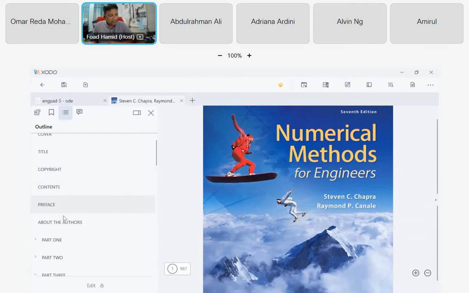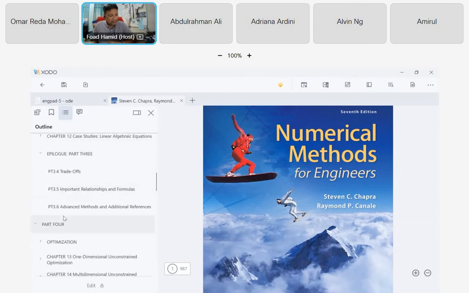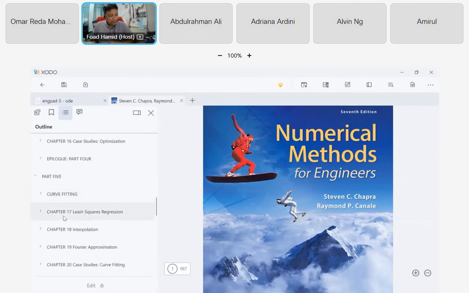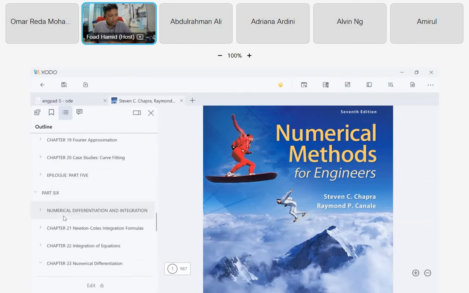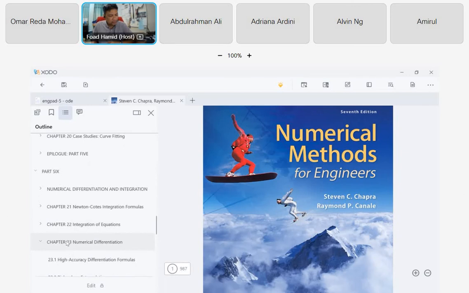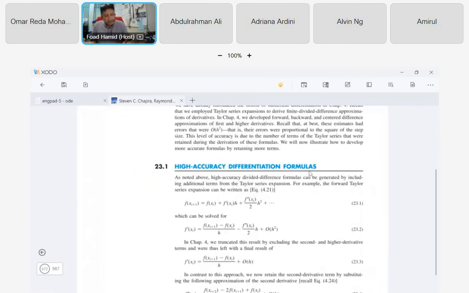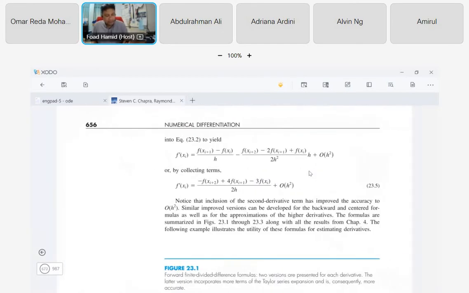I think this is the chapter. Where is it? Curve fitting, interpolation. Okay, so look at numerical differentiation here. I think we talked about this last time.